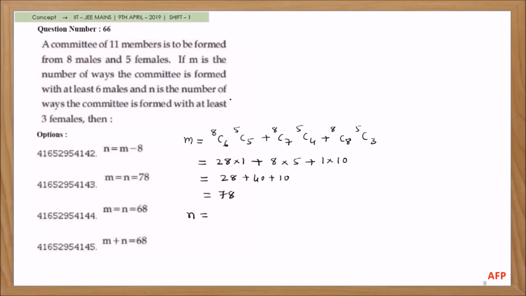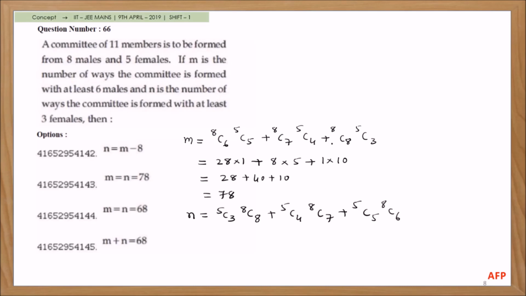Now n is the number of ways the committee is formed with at least 3 females. So 5 females are there, 3 we are supposed to select, at least 3 means 3 or more than 3. Okay, so out of 5 we select 4 and out of 8 we select 7, out of 5 we select 5, and out of 8 we select 6.